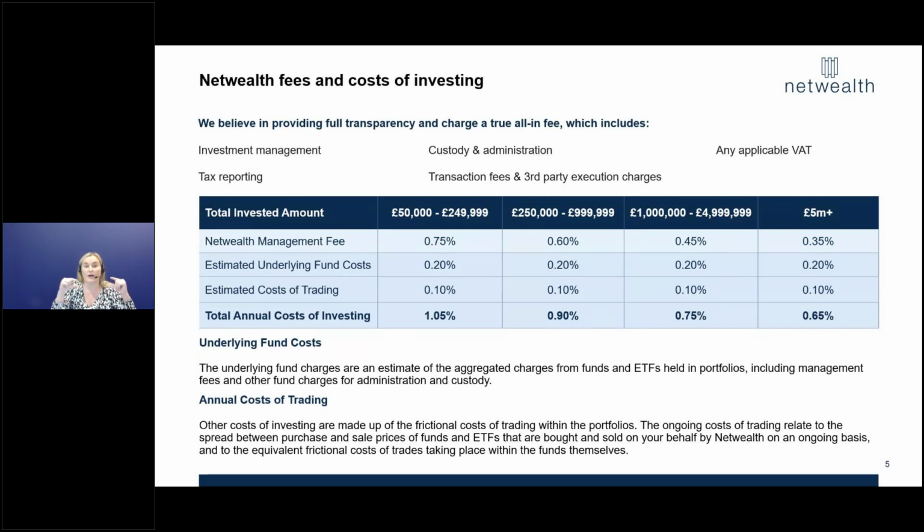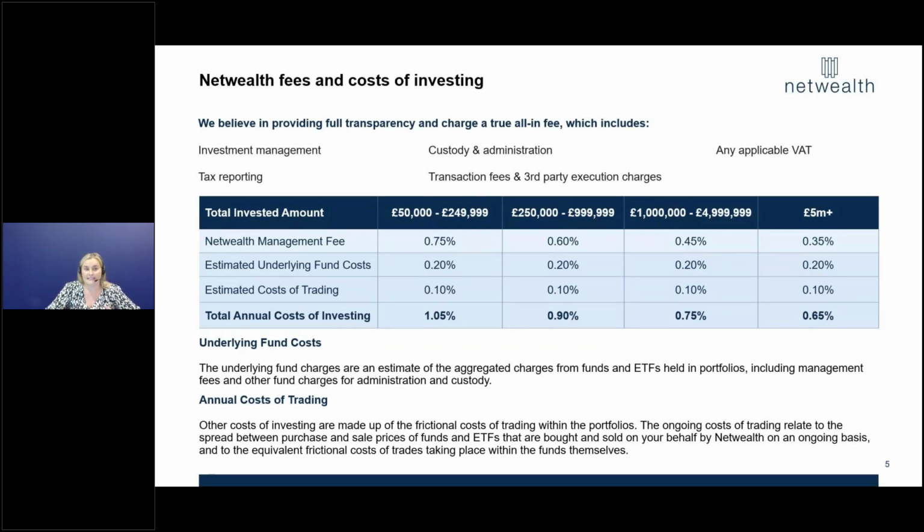So that top line Netwealth management fee that you can see there includes all that I've just listed and varies depending on the amount invested. So you can see from £50,000, which is our investment account size minimum, to £250,000, you're charged 0.75%. And from £250,000 to 1 million, it falls to 0.6 and so on.